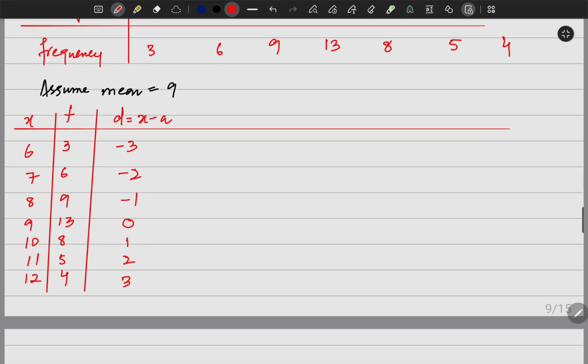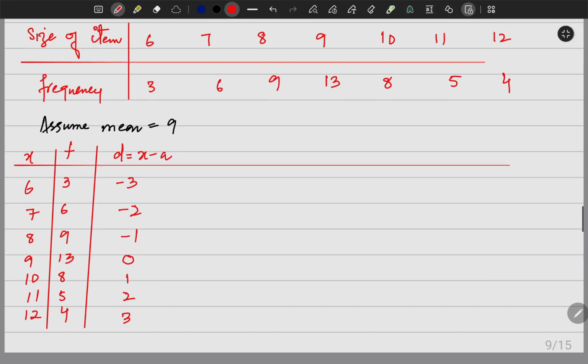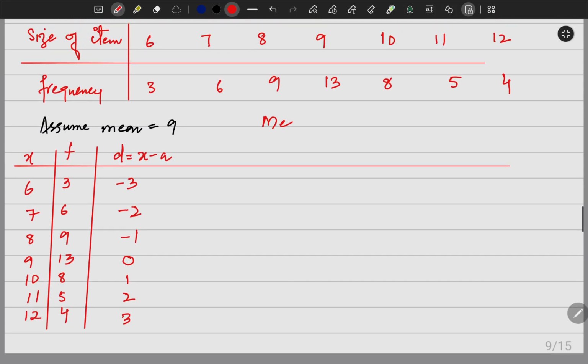Then what's the formula for the mean? The mean is a plus summation of f d divided by summation of f.